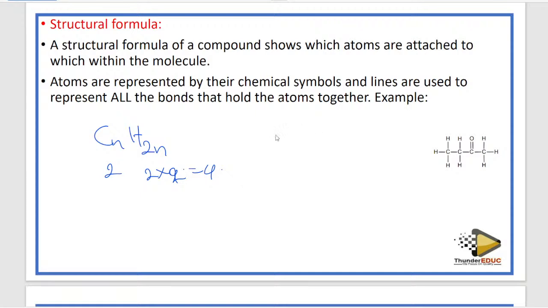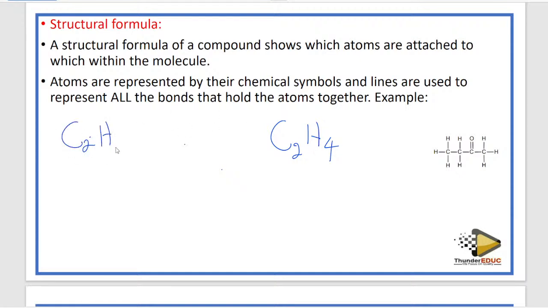I have C2, H, 2 times 2, H4. Don't mind about this, I was just creating it to show you how. C2H4, and then they ask you to write the structure formula of that.